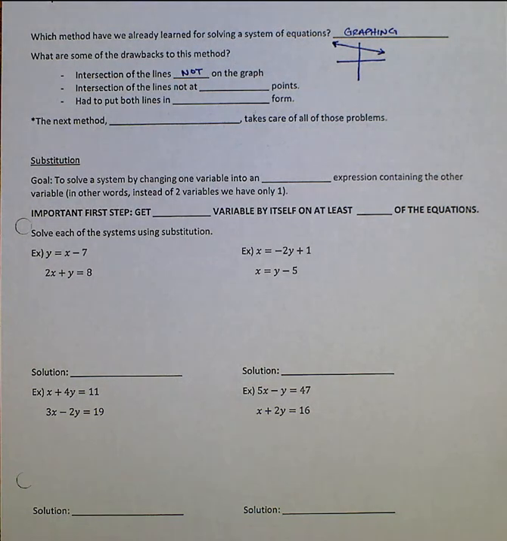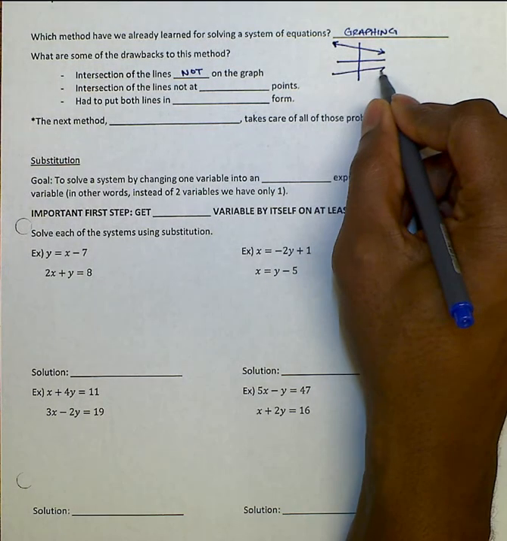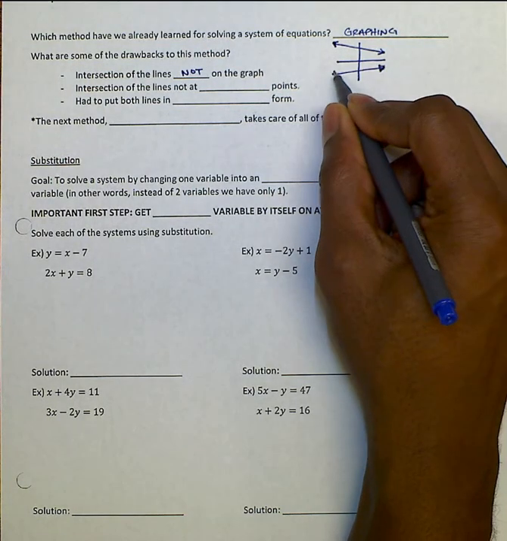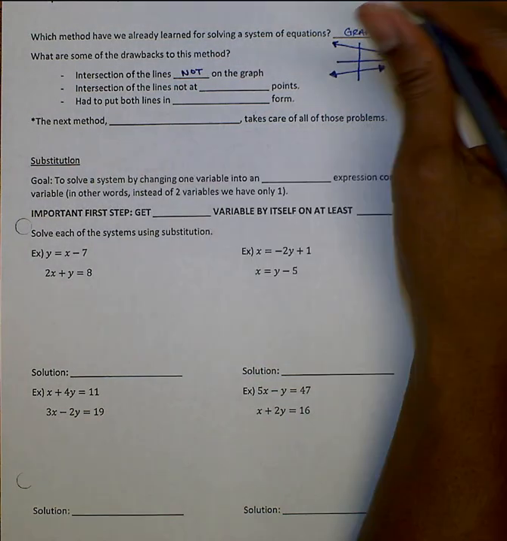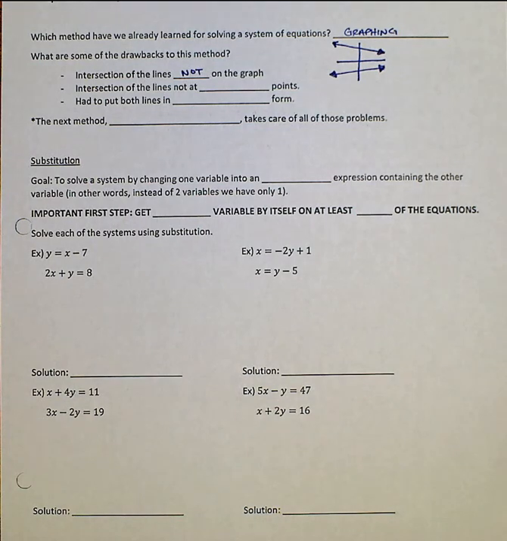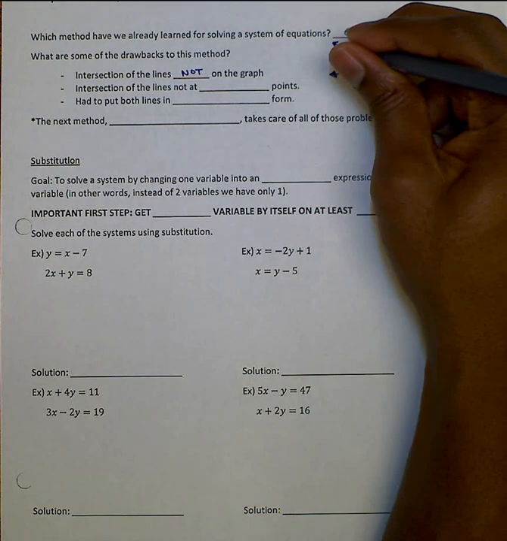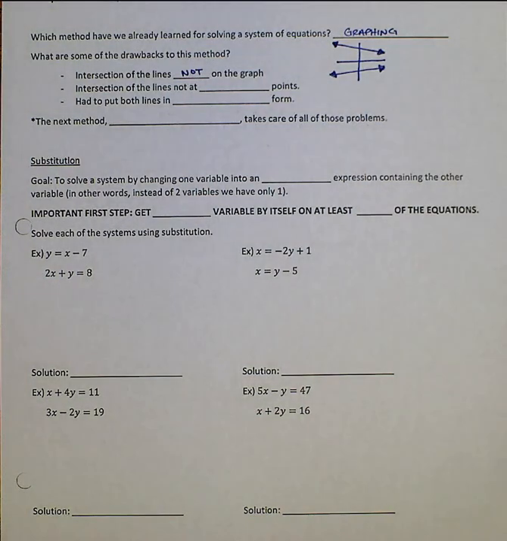But let's say, for instance, that we have a graph like this, given two lines. Are these two lines parallel? No. Do we know where they intersect? The answer is no, we don't. They will eventually intersect, we can tell because they're not parallel, but they're going to intersect off of our graph. So the intersection is just not on the graph.